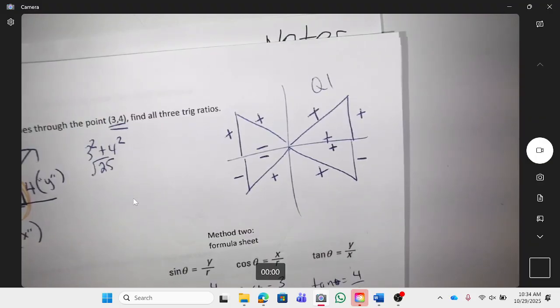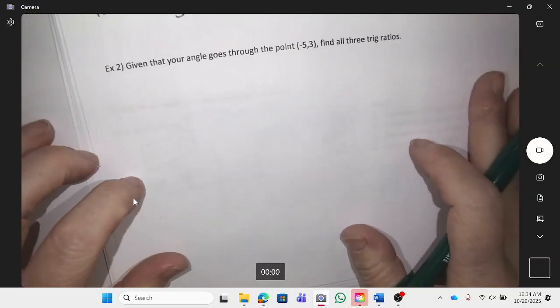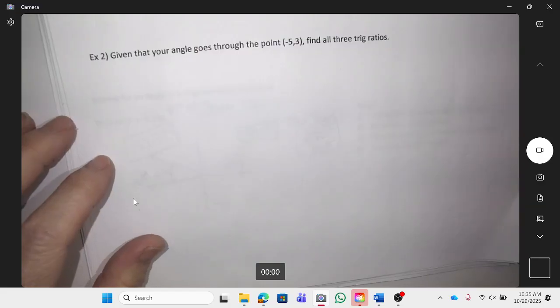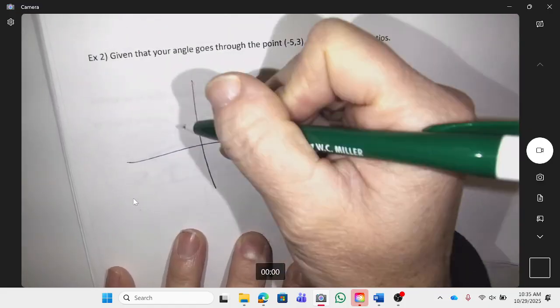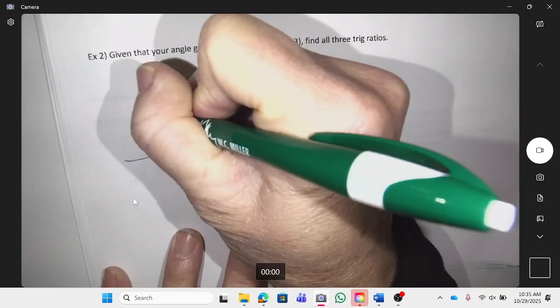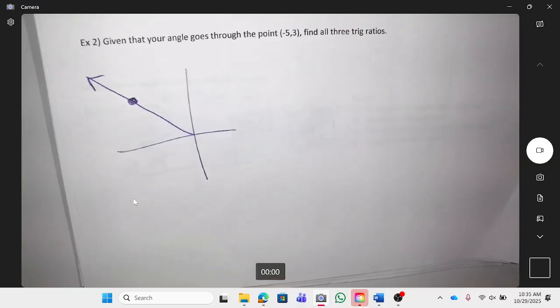Okay, so let's try this out. We're going to go through -5, 3, so we have to think about the quadrant we're in. -5, 3, where's that coordinate going to be? Did you draw your angle going into quadrant 2? Does that make sense?